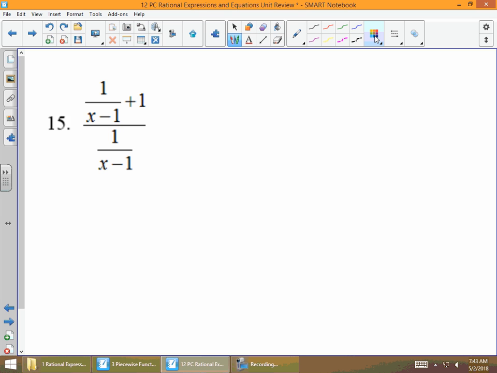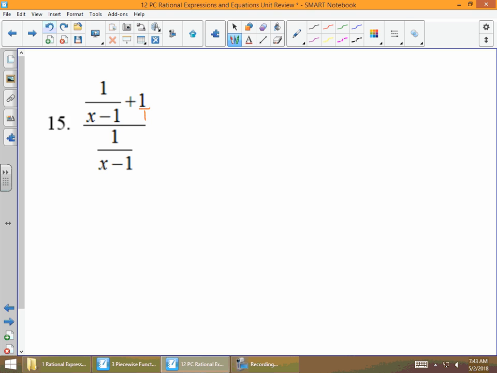This first one, again, we need to combine and have a single fraction over a single fraction before we can divide. So I'm going to work with the top of this complex fraction first. But the bottom already has a single fraction on there. In the top, I have this 1, so I like to lean into the fraction situation. If I have one fraction, I'm going to make them all fractions.